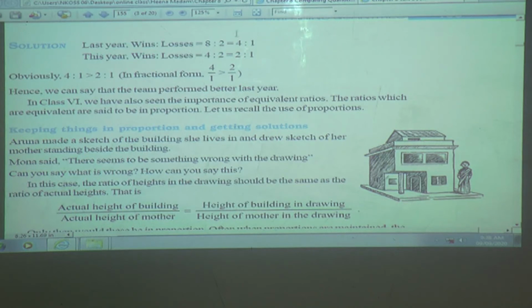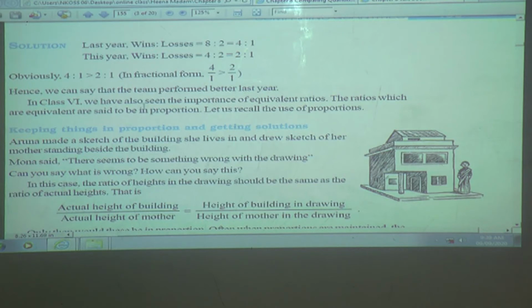So now you can see both the denominators are equal, so you can compare which is greater. You can write it in the form of denominators, or you can write directly that 4:1 is greater than 2:1. So hence we can say that the team performed better last year as compared to this year.